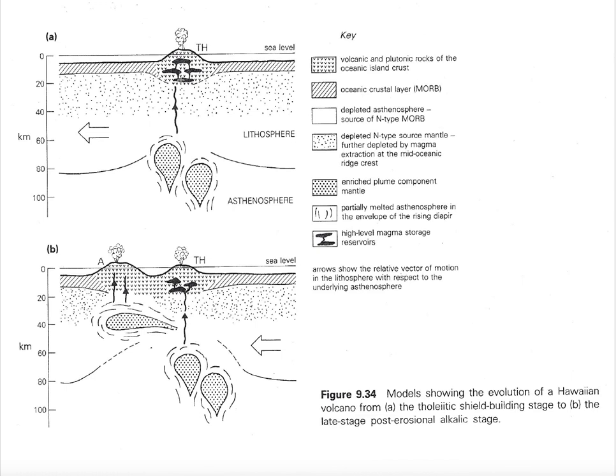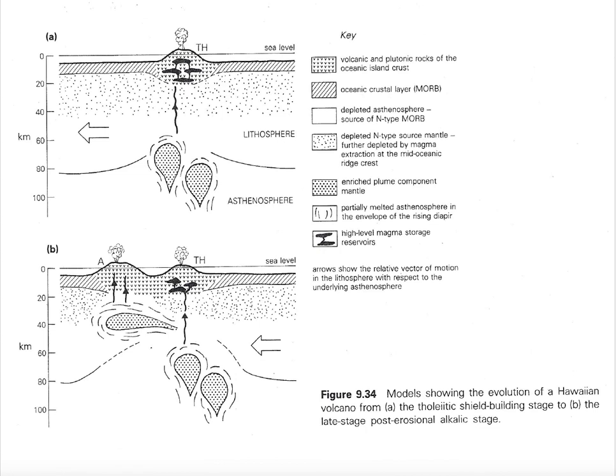So then we have the volcanic and plutonic rocks of the oceanic island crust. We are forming a tholeiitic rock, and here you have the high-level magma storage reservoir in black. Then we have the oceanic crustal layer, which is of MORB composition. Then we have the depleted asthenospheric source of N-type MORB, here in white. Then we have the depleted N-type source mantle, depleted by magma extraction at the mid-ocean ridge crest, here in dotted line.